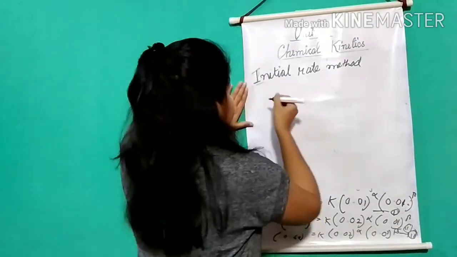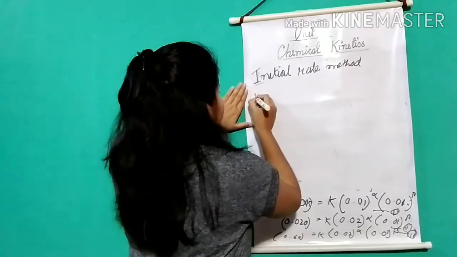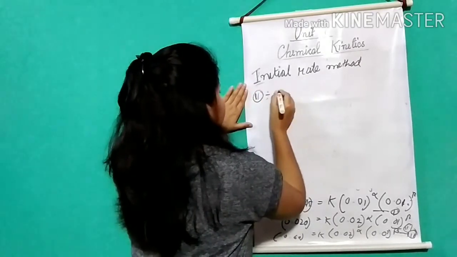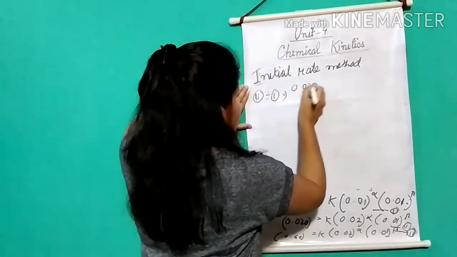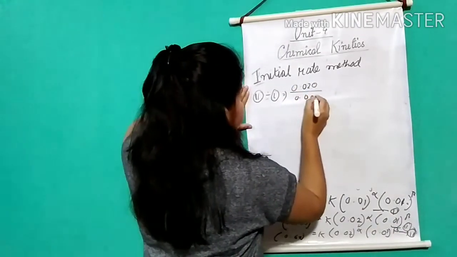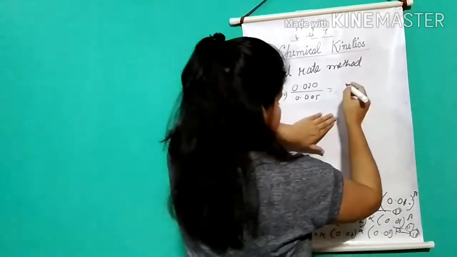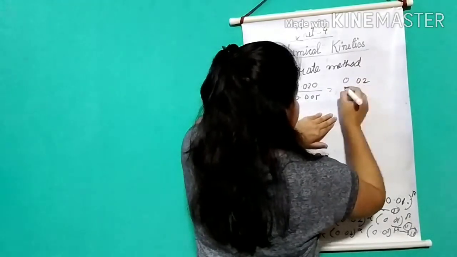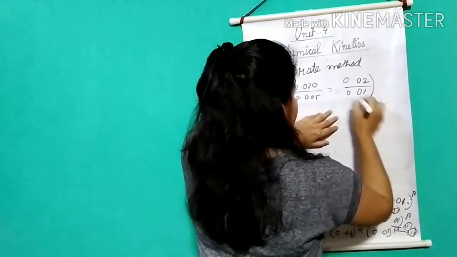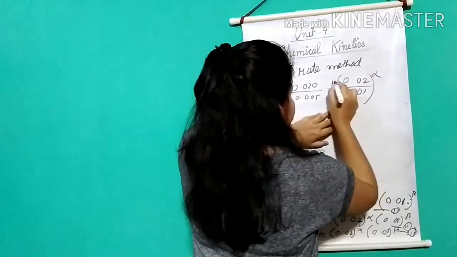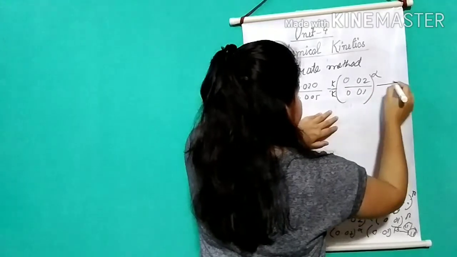First let us determine the value of alpha. For that we need to do equation 2 divided by equation 1. So 2 divided by 1, what will we get? 0.020 by 0.005 equals 0.02 by 0.01 to the power alpha. K cancels out and beta cancels out.